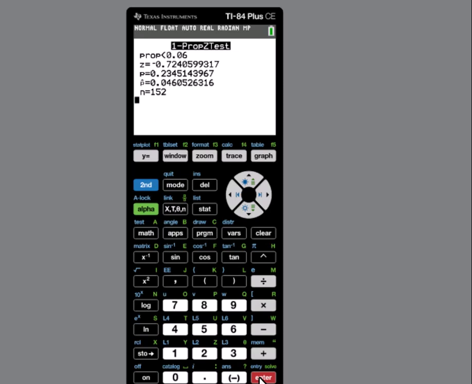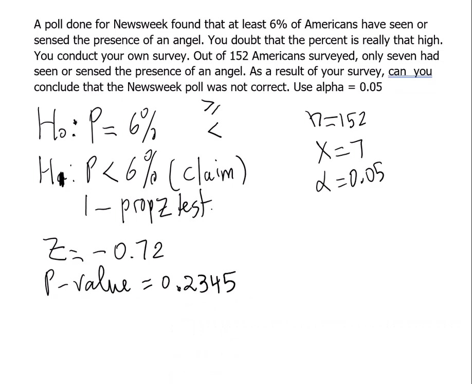So let me write them down. So z is negative 0.72 and the p-value is 0.235, which is bigger than alpha, as you notice, bigger than 5%. So we fail to reject H0. And what is the conclusion?